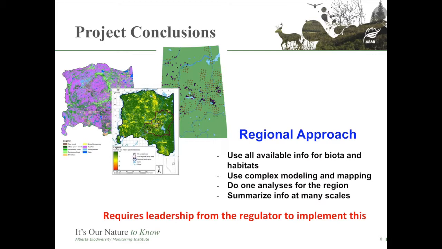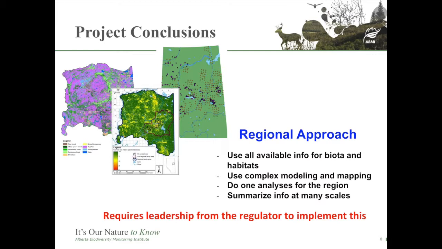What became obvious in spades as we were finishing up the project was that although the project was initiated by industry and strongly supported by this AUPRF funding, the process to make it happen, because this is across broad areas, across a variety of industries, across a variety of companies, is going to have to be a government-led process.